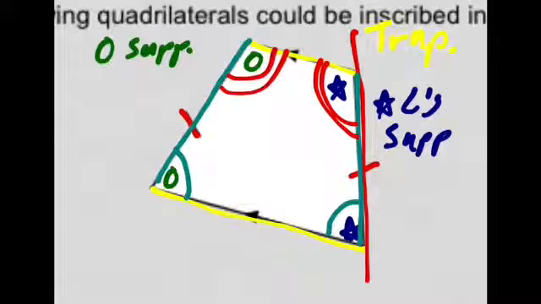They're congruent. 100. So I know that these guys are supplementary. What about these guys? Yep. What about these guys? Yes. So I can draw a circle perfectly around this. Inscribe a perfect circle. So go ahead and try that now.